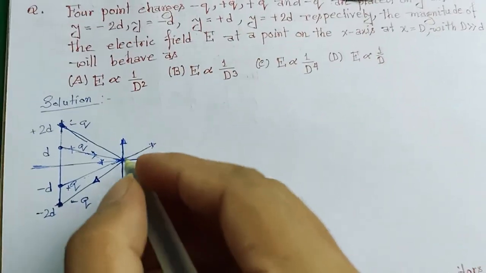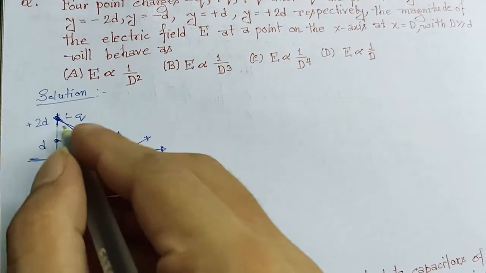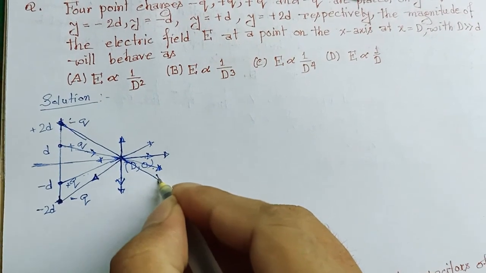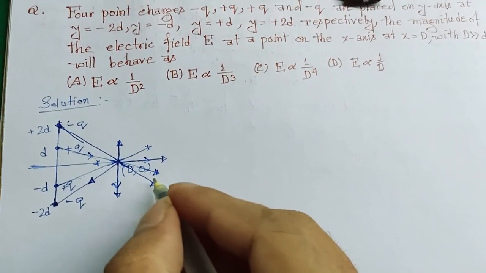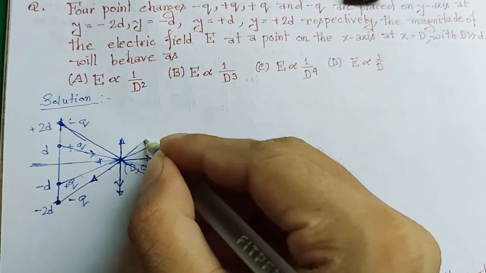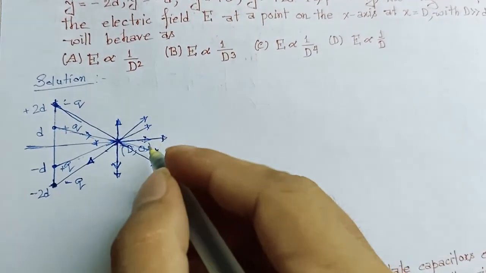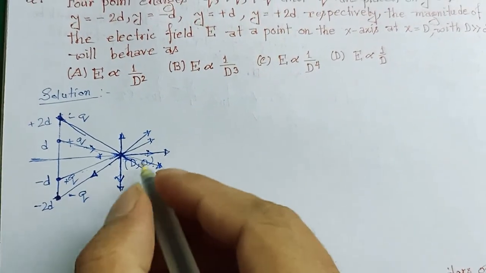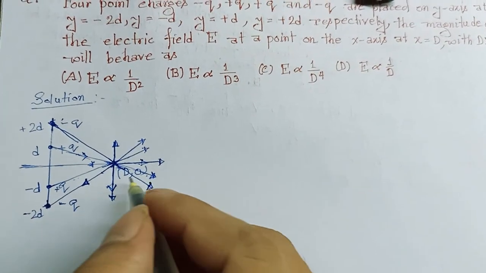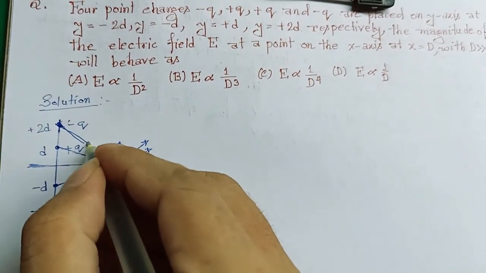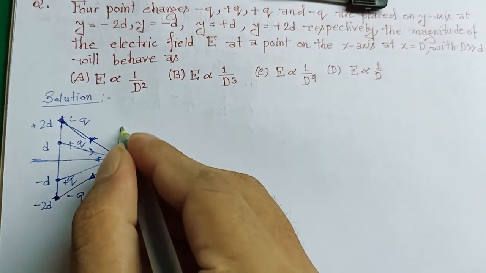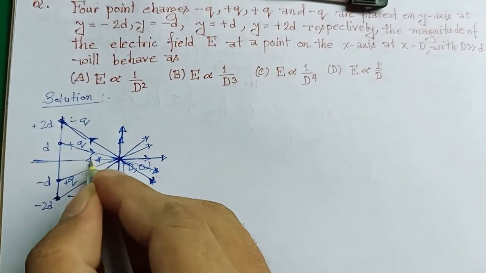Again, for the electric field due to the -q charge on the positive axis, the direction of the electric field will be in this direction. If we divide this into 2 components, then, sorry, this was a negative charge, so there will be two components, one along this direction and another along this direction.